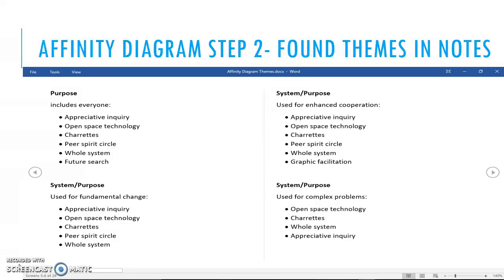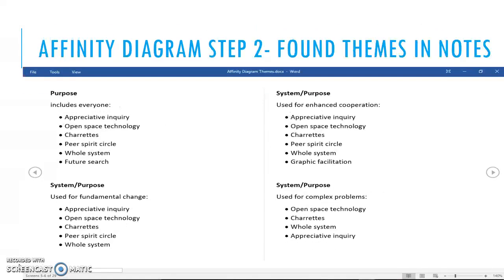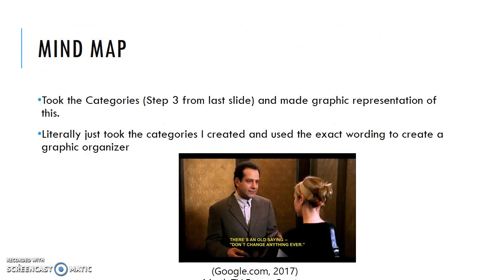For my last step of my affinity diagram, under system I put use for complex problems, and I put open space technology, SHARX, whole system, and appreciative inquiry. And then I did the exact same thing for purpose. So I'd have it twice on my mind map. That's how my mind works. This is how I did my affinity diagram. Even though it's not the typical post-it notes, it's the digital version, and it really worked well for me.